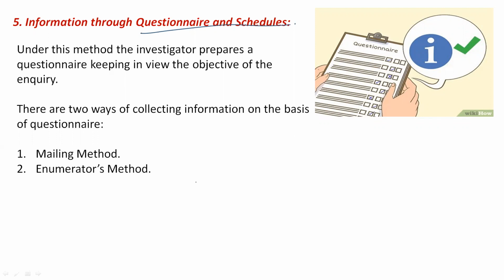As you can see in this image, a questionnaire is a set of questions, kind of a question paper which involves a lot of questions. This is a very simple method.